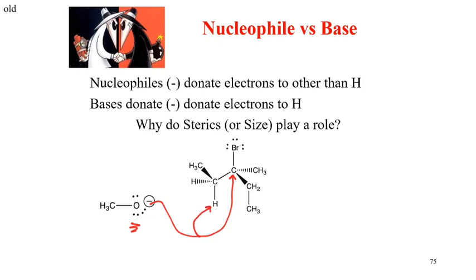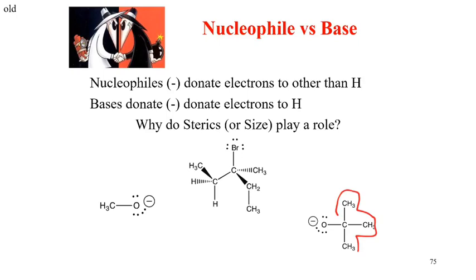So that small species has both pathways available to it, and that's why it becomes challenging. But what happens if we scale up to something like this? Now this is a classic large species with this giant group here.